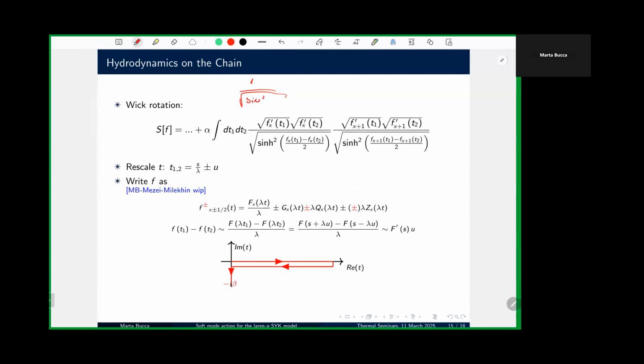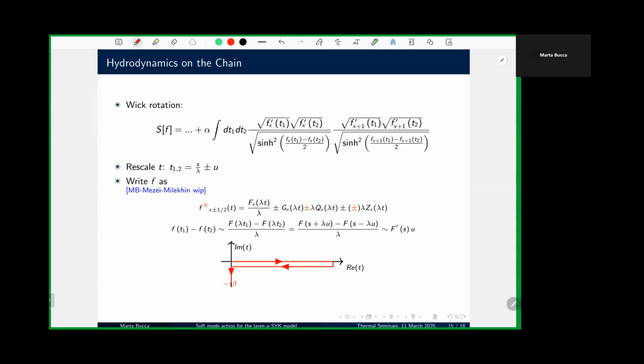And if we want to go to large time to do this derivative expansion approach, well, sine squared is not really well behaved at large time, right? Because it oscillates. So what you can do is perform a Wick rotation. And so you start from sine and you land on sinh. And sinh is, of course, well behaved for large times in the sense that this 1 over the square root of sinh squared is simply going to be a damping factor.